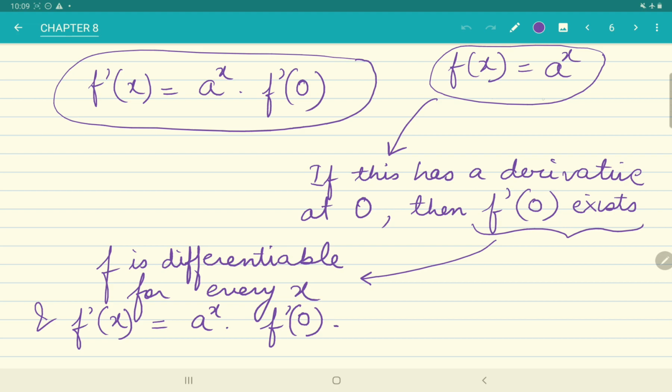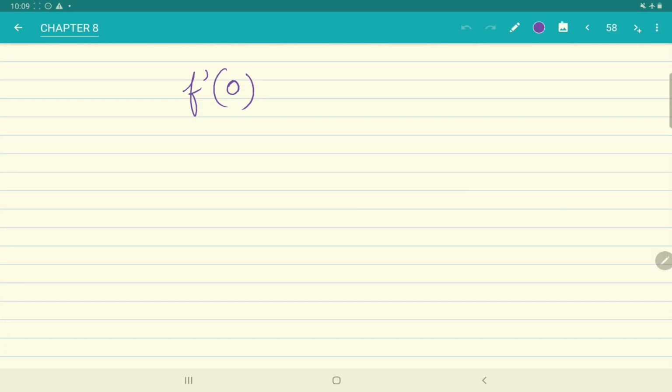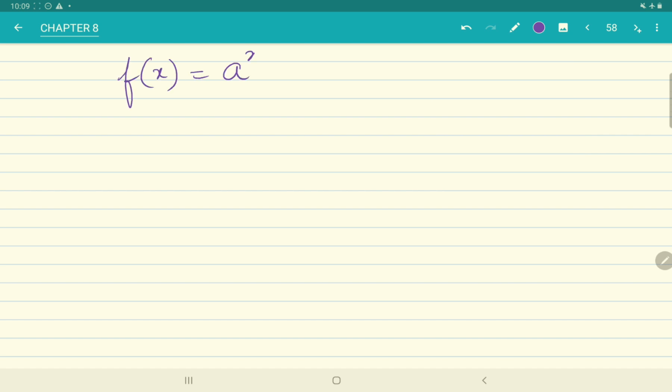We know this, and now we have understood this. F of x is equal to a raised to the power x. F prime x is equal to a raised to the power x ln a.